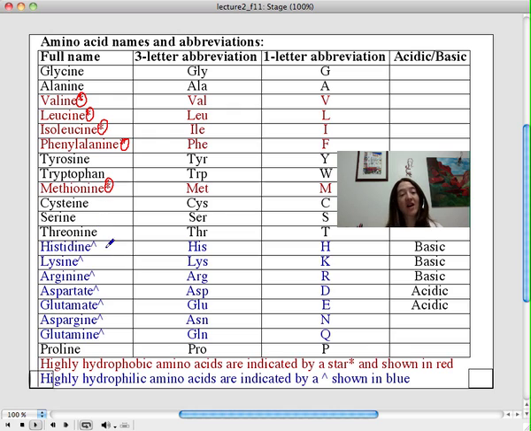And then we have our highly water-loving amino acids with the little triangle asterisk here. Those are all of our very, very water-loving or hydrophilic amino acids, like dissolves like, remember? And then notice that all of our basic and acidic amino acids are also highly hydrophilic, right? Because they're charged. So that's a pretty cool table kind of summarizing everything.